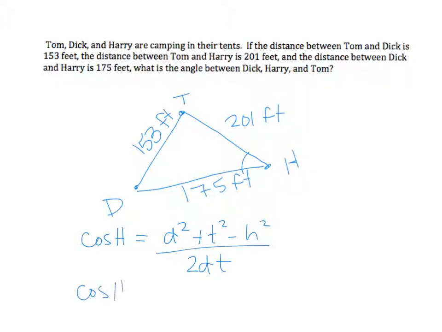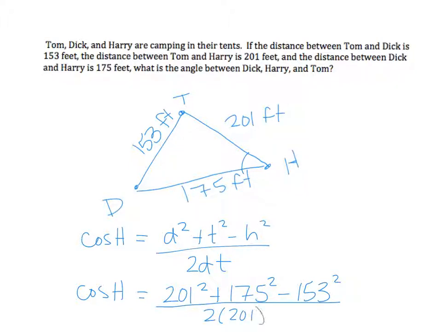So cosine H equals 201 squared plus 175 squared minus 153 squared over 2 times 201 times 175. And then it's just using our calculator. So once you've worked it out and you've even done the second cosine and everything, you should end up with angle H is equal to approximately 47 degrees.